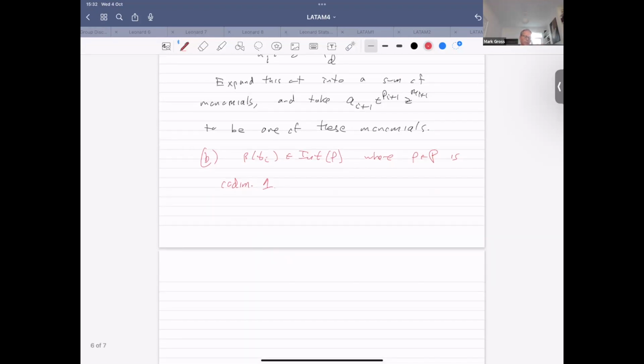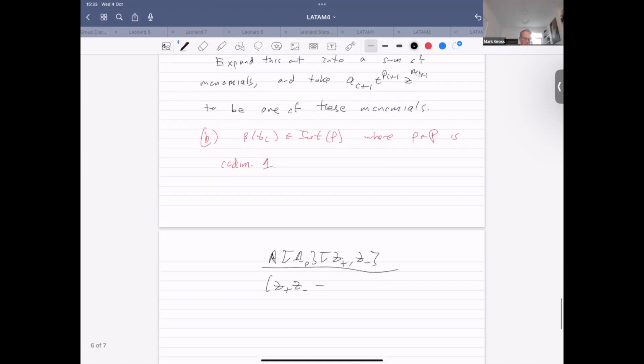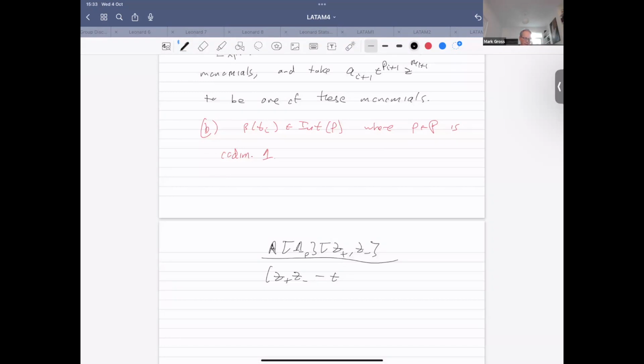We had this ring which looks like A[Lambda_rho][z^+, z^-], and we divide out by the ideal generated by the equation z^+ z^- minus t to the curve class d_rho times f, well, I think I was calling it f_{beta(Ti)}, so f sub x, where x is the point where we cross.